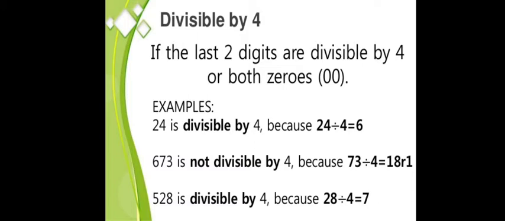See the second example, 673. The last two digits are 73. If you are dividing 73 by 4, we are getting a remainder of 1. So, 673 is not divisible by 4. So, for the divisibility rule of 4, you must have the last two digits divisible by 4 or two zeros.